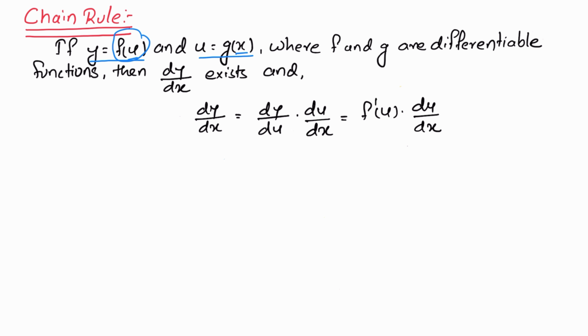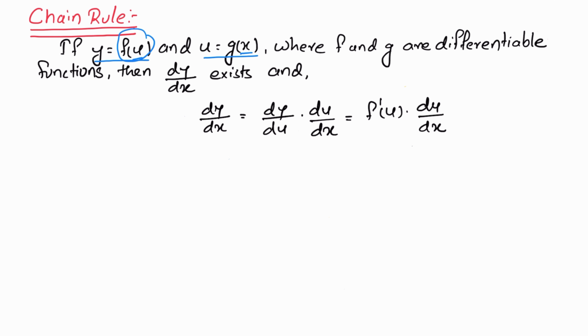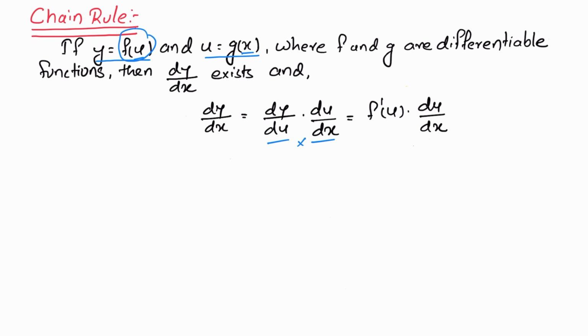So we will have dy upon dx equals dy upon du times du upon dx, and we can write that dy upon du is f dash u, like we can write dy upon dx equals f dash x. Similarly, we can write dy upon du as f dash u and du by dx as it is.